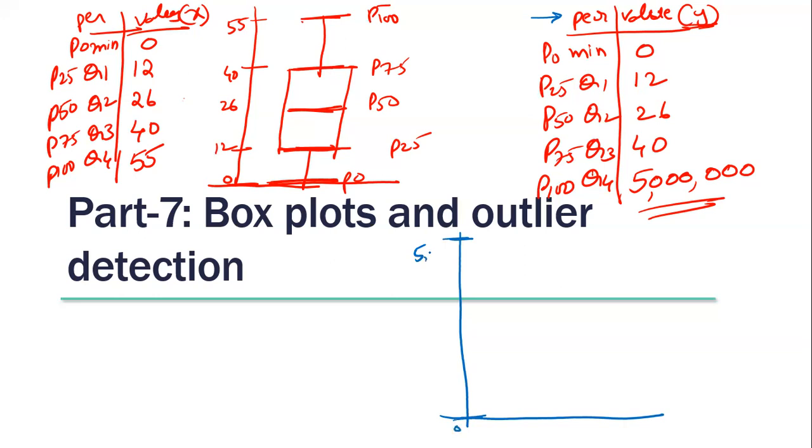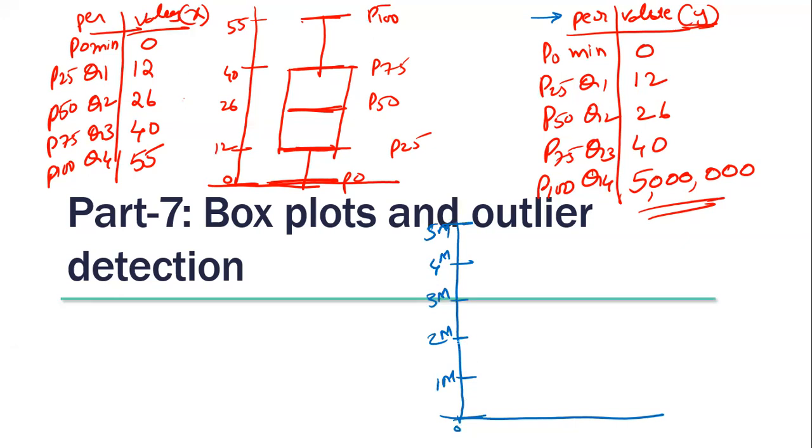From here to here, 1 million, 2 million, 3 million, 4 million, and then 5 million will come. Agreed or not? Otherwise I have to change the scale because my values vary between 0 to 5 million.